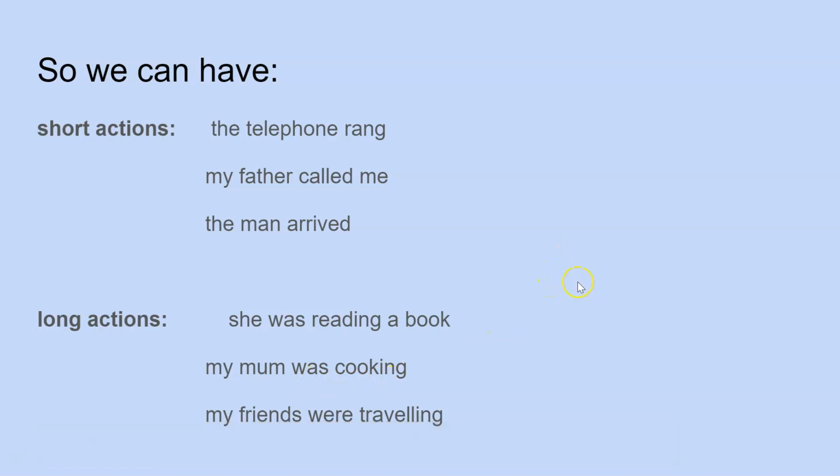My friends were traveling. You see that I want to emphasize the length of these actions, the continuity of these actions. So remember: short actions, simple past; long actions, past continuous.